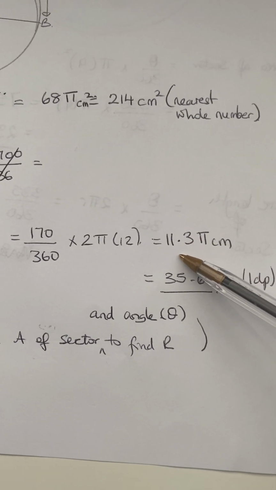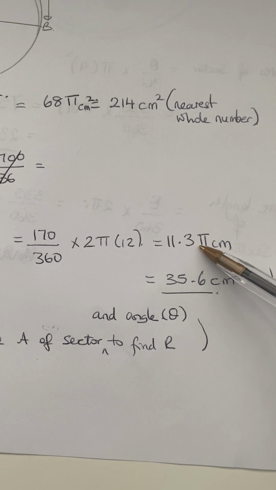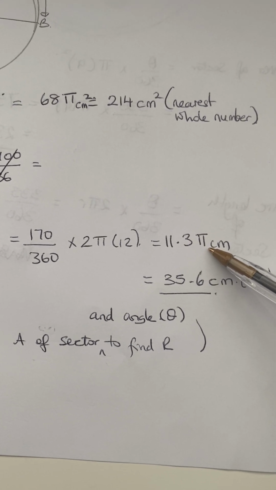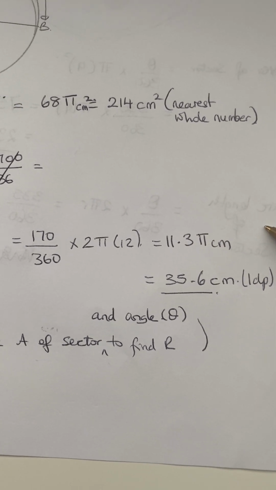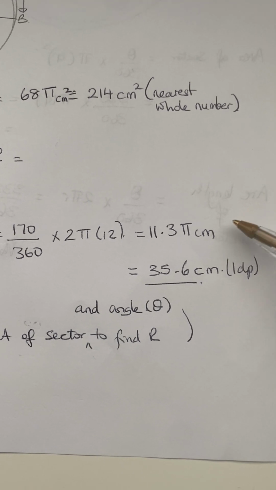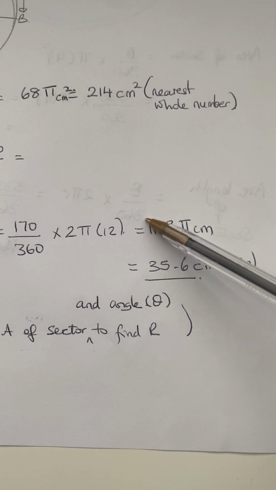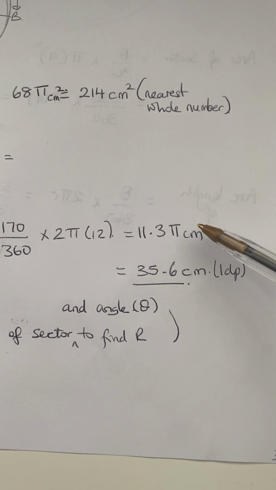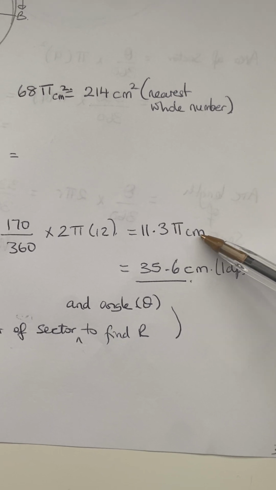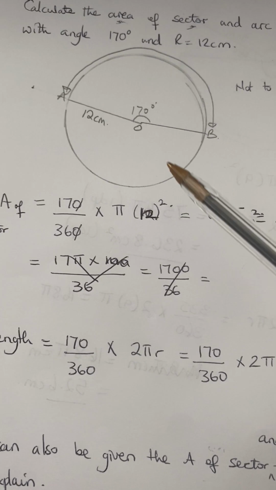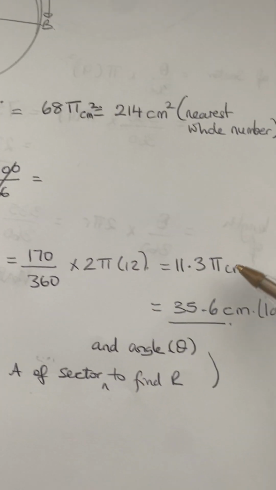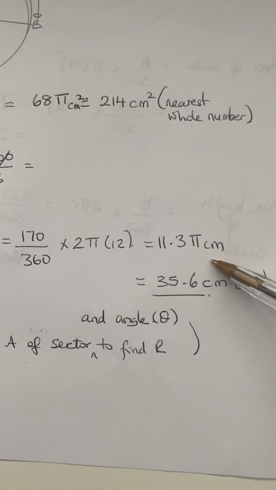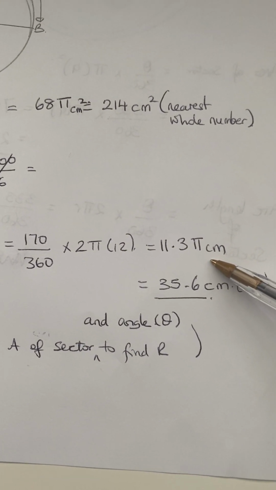If you do that, it's 11.3 pi to 1 decimal place. If they ask you to leave your answer in pi, this will be your answer. Remember your units. r is in centimeters, so your arc length will be in centimeters.